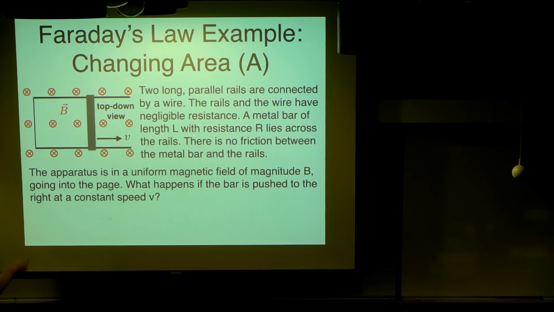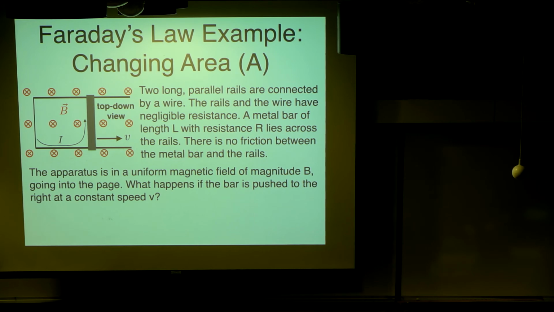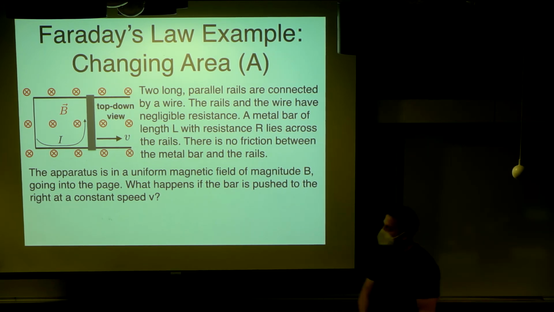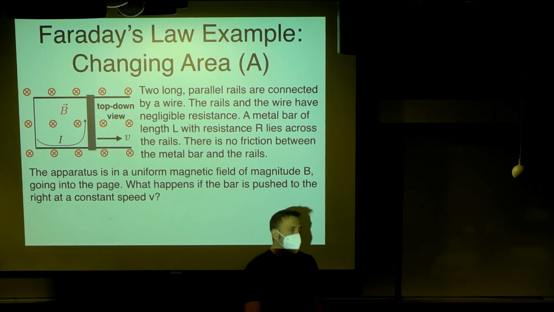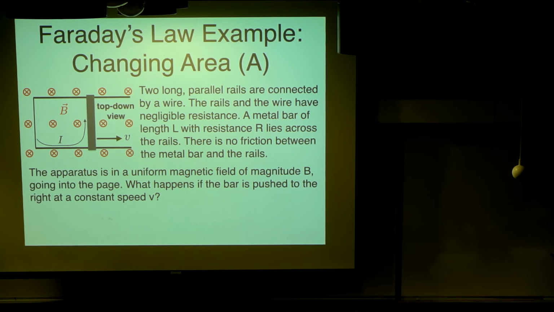In other words, we induce a B field that's coming out of the page. And the way for that to happen is to have a counterclockwise current flow through the loop. Okay? So in this particular case, it's counterclockwise. You can guess that if we push the bar the other way, clockwise, right? All right, so let's work out what that current is. Okay? That's what we're going to do next.